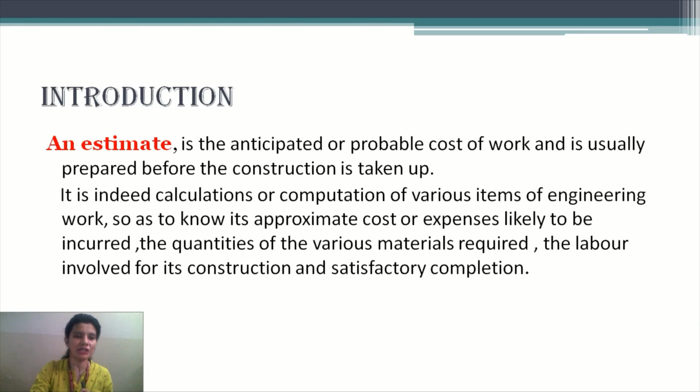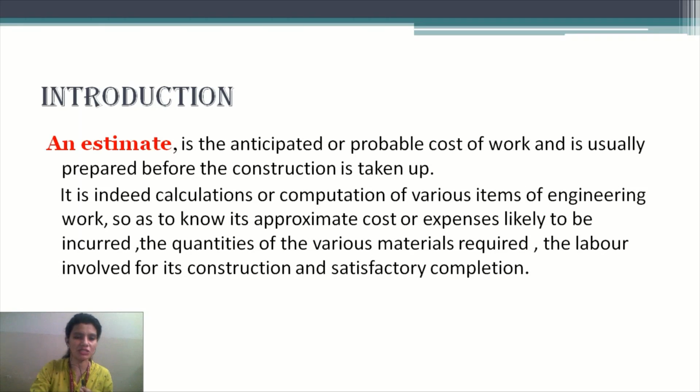It basically includes all types of calculation or computation of the material quantities, such as DPC work, earth work, or it may include the flooring work, roofing work, plastering, painting. All types of quantities of the material are found in the estimate.